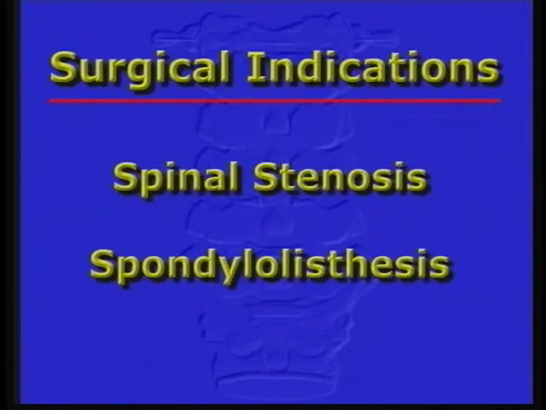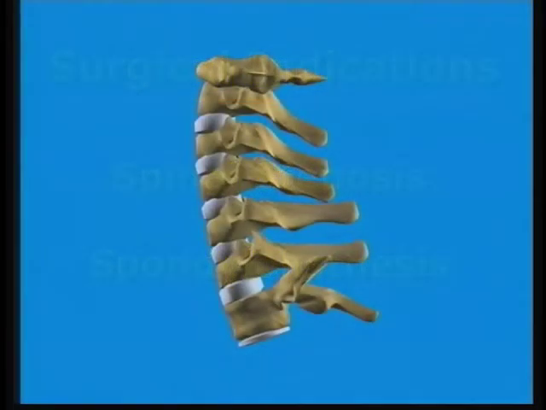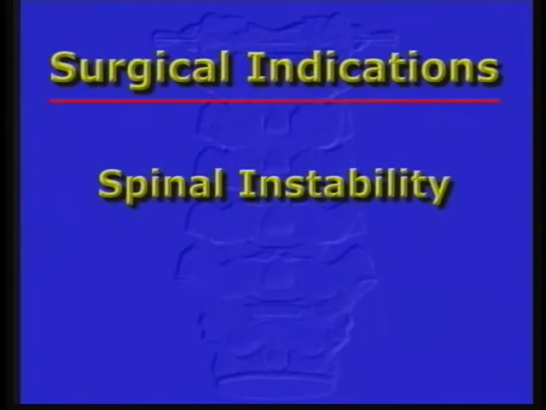Spondylolisthesis. Spondylolisthesis is a forward displacement of one vertebral body over another. Spinal instability. Spinal instability describes a general laxity of the ligaments surrounding the vertebral bodies.